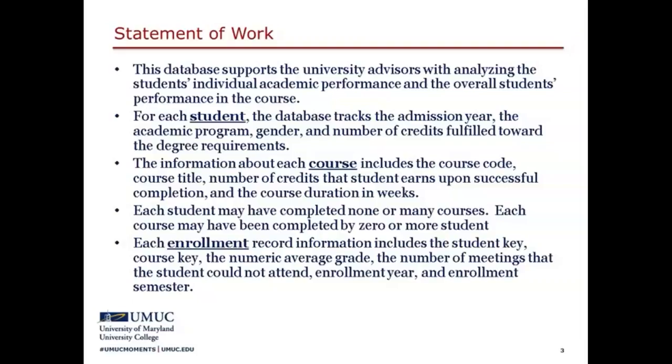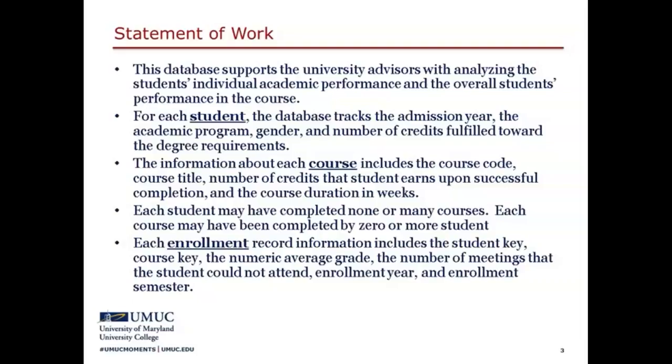So enrollment will have the course key, the student ID, right? And in addition, I'm going to track the grade that the student earned in the course, and I'm going to track how many class meetings the student missed, and I'm going to track the enrollment year and enrollment semester, right? So this is what I'm going to do.